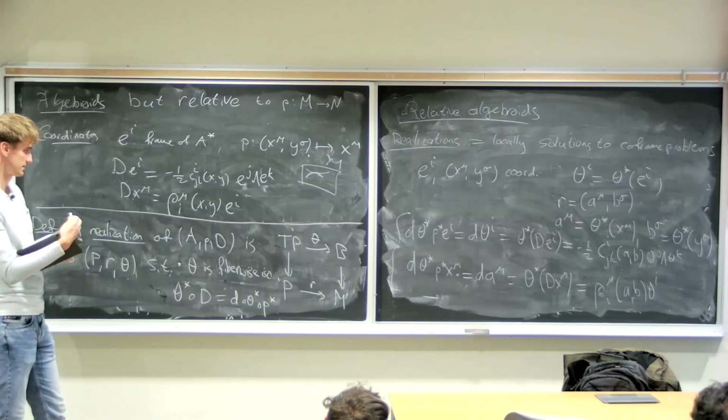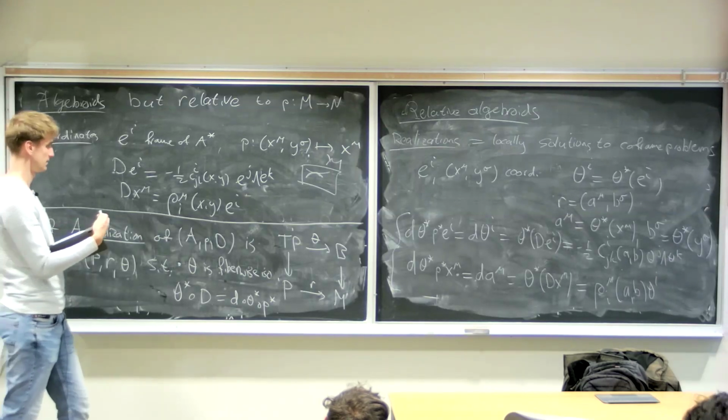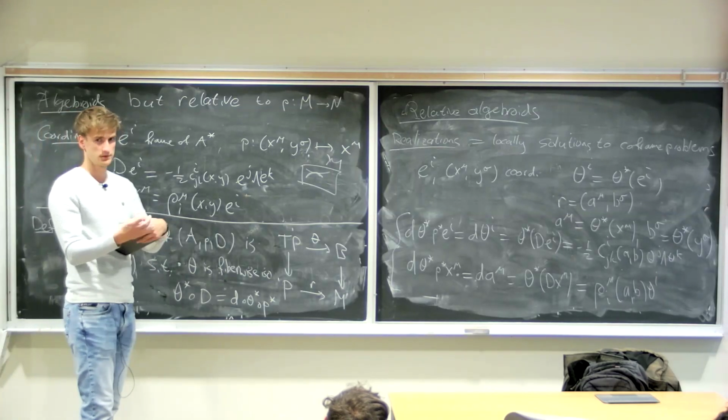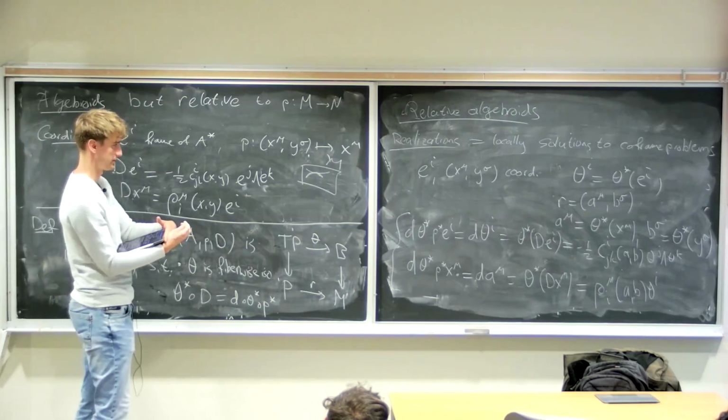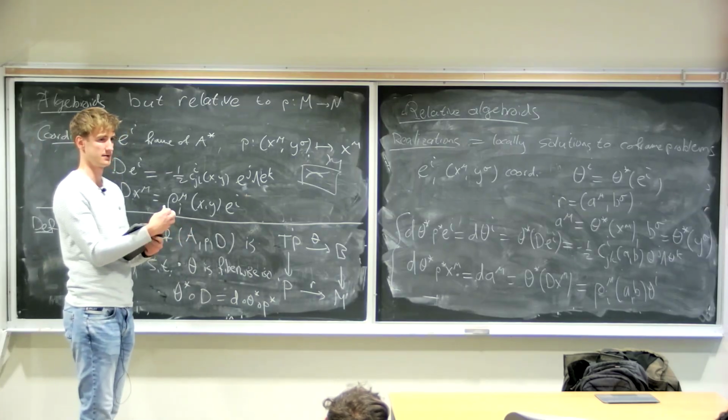The difference is that for the relative algebroid, the derivation there is underspecified.